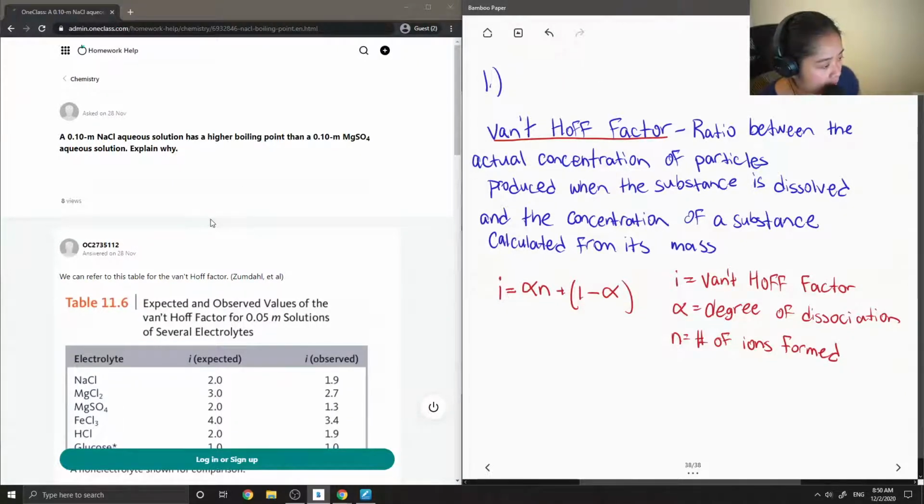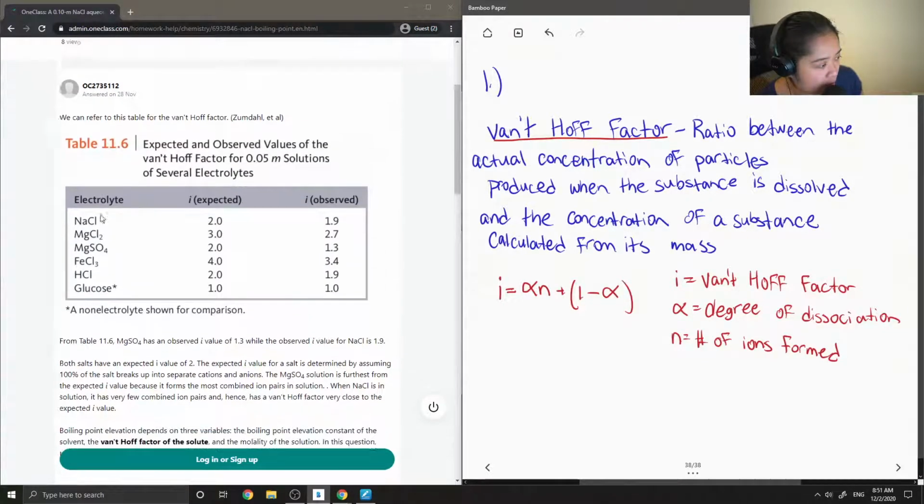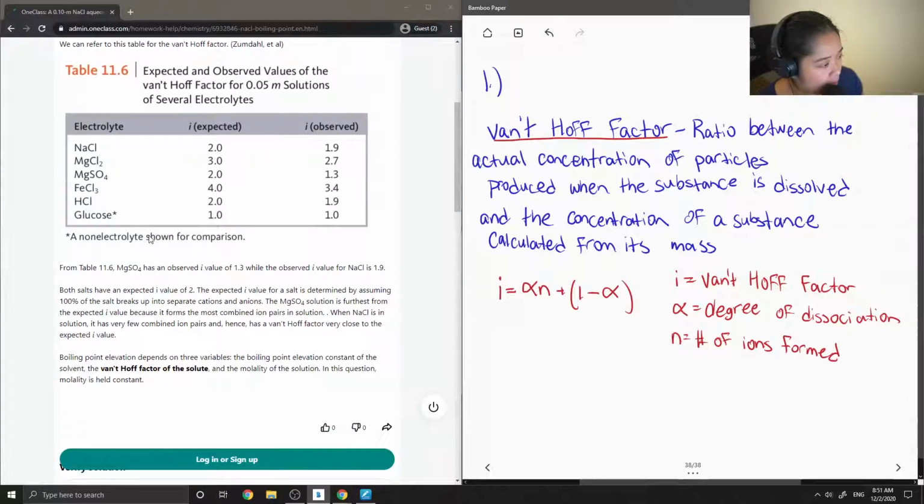And over here, if you look at the junior tutor's answer, they have a table of the expected and observed values of the Van't Hoff factor for 0.05 molar solutions of several electrolytes, like sodium chloride, magnesium sulfate, iron chloride, hydrochloric acid, and glucose.